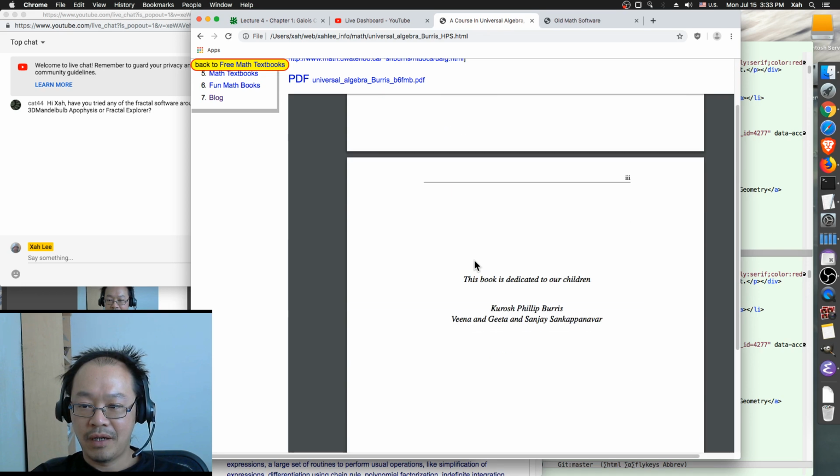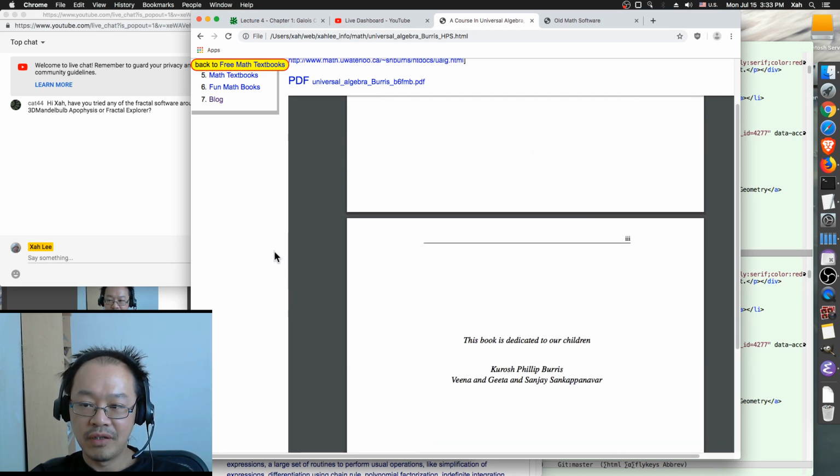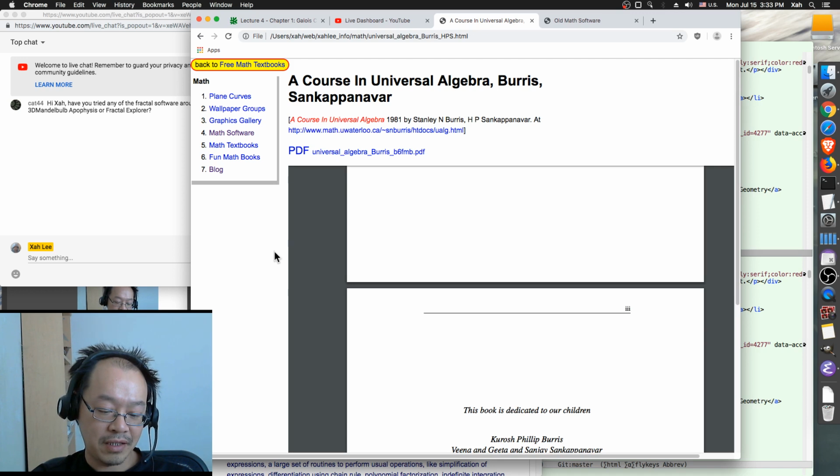So what is universal algebra? It's like you have group theory, ring theory, field theory, you have abstract algebra. In algebra theory, you try to study all these algebras, field, ring, vector space, all in one coherent setting.